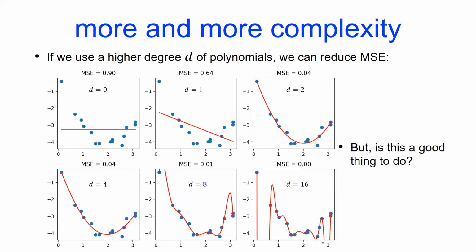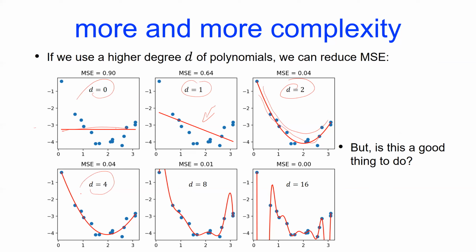For example, if you make your highest term degree 0, that means you only have a constant, so you are fitting a constant line. If you have degree 1, this is the one we have looked at so far. You are fitting a line. If you have degree 2, you are fitting a quadratic curve, which is pretty beautiful.